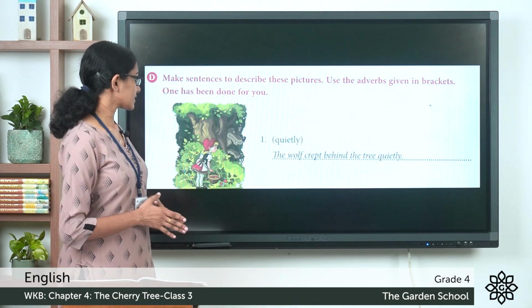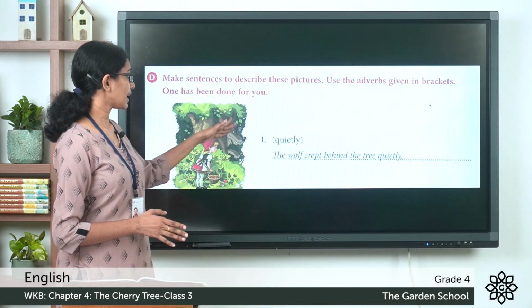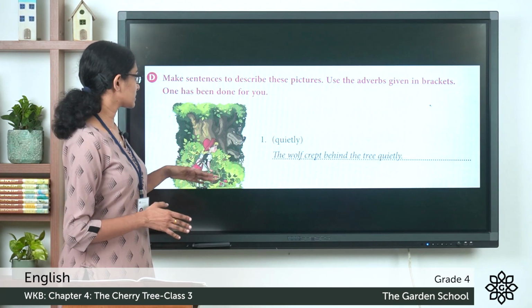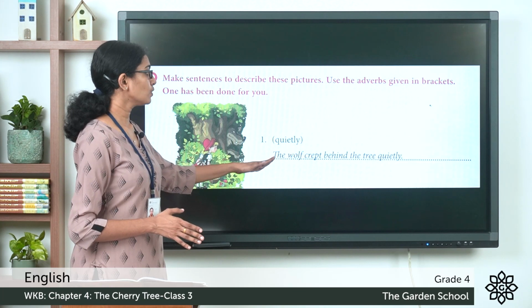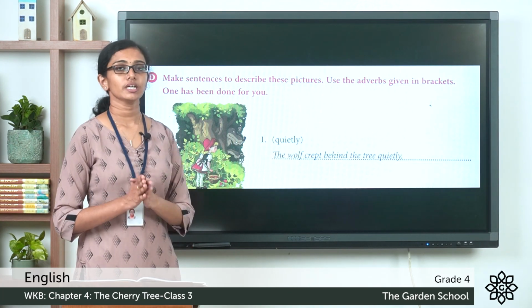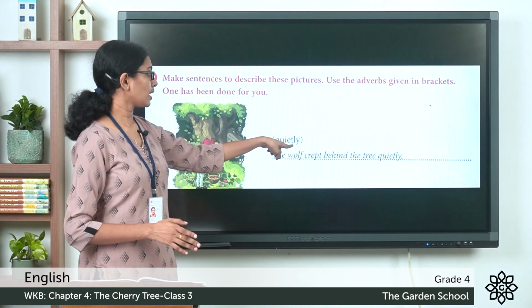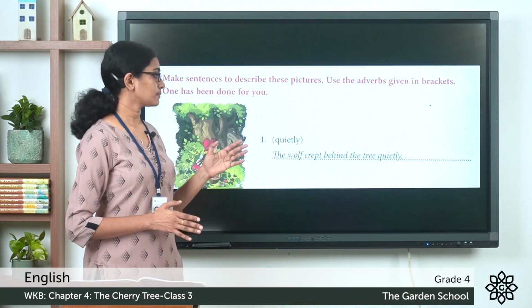So in this example, you can see a wolf hiding behind a tree and there is this girl there. So an example sentence is given here. The wolf crept behind the tree quietly, and the adverb quietly was given in the bracket.